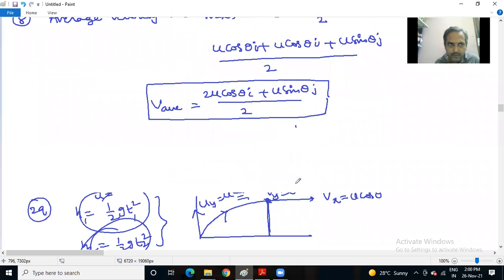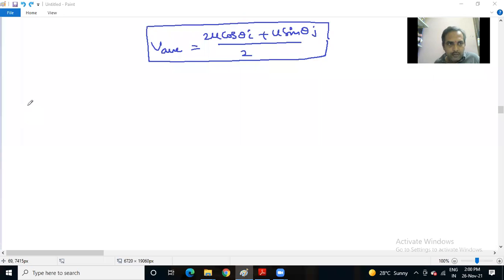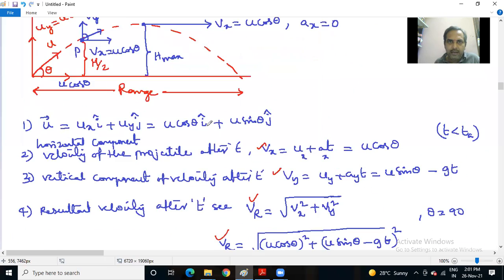Now moving to point number 9, kinetic energy of the projectile at h max. So get back the equation of kinetic energy. It will be half mv square. At h max you have only Vx.